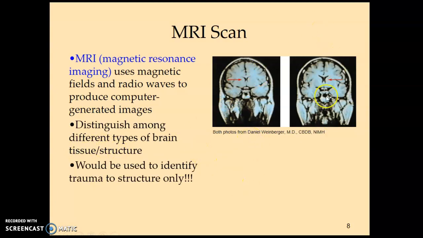So we're only using it to see structural damage. Like if you had a concussion, what they would look for in your MRI is dots, and they would be black. And what that would show is that the brain has actually suffered some type of damage or is even bleeding itself. So then we can obviously diagnose a concussion.